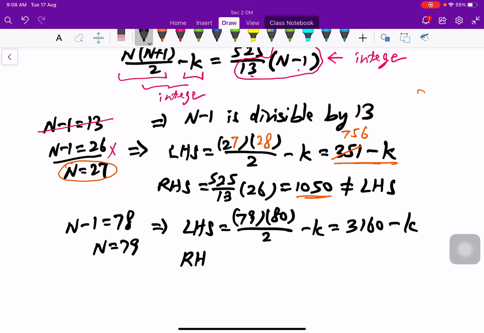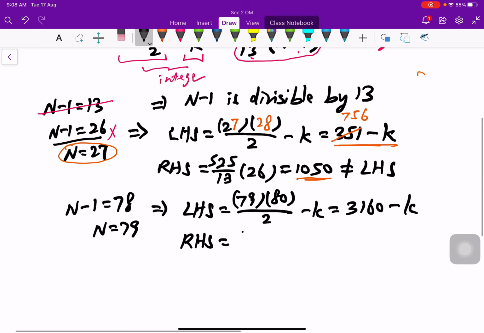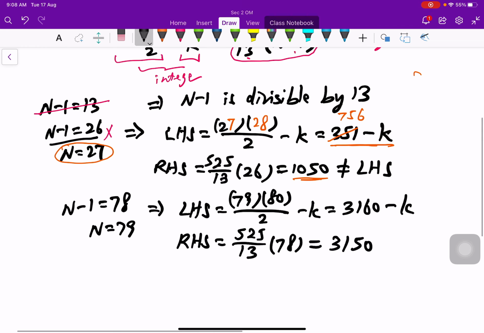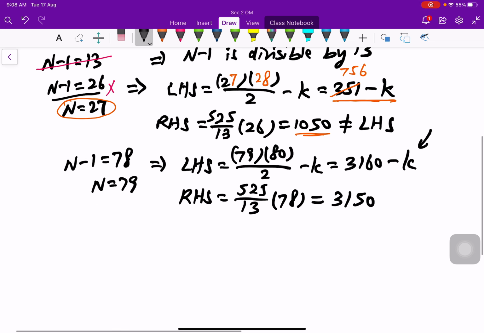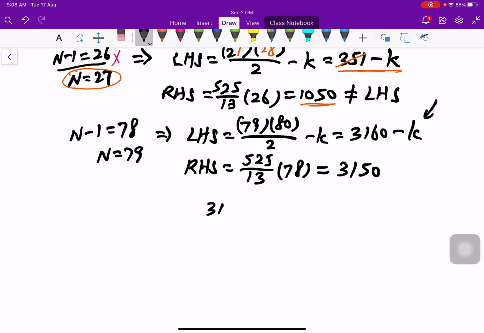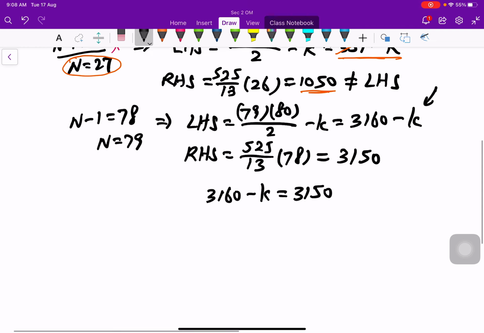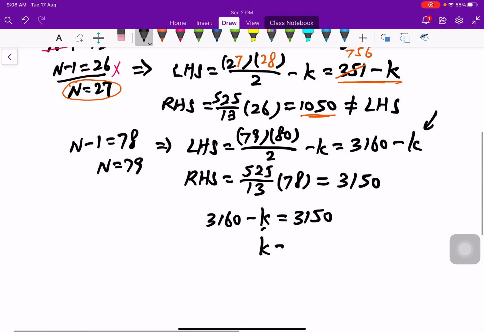If you look at the right hand side, that will be 525 over 13 multiplied by 78, and that will be equal to 3150. Therefore, what do you think is the value of k? If you want to have 3160 minus k equal to 3150, that means your k has to be 10.